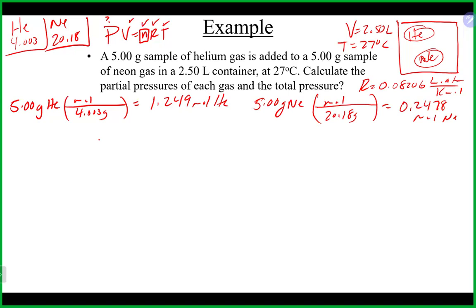But since it is still the ideal gas law, we want to make sure everybody's in the right units. So my volume's in liters, which is good. But like usual, my temperature is not so good. So we do need to add 273.15 to that to convert us into Kelvin. And that's going to give us 300.15 Kelvin in this case.